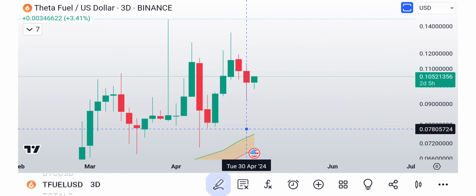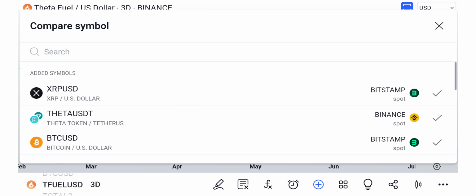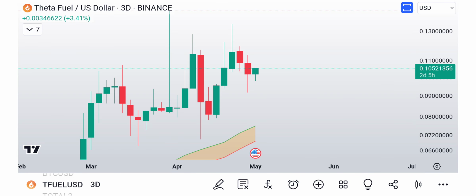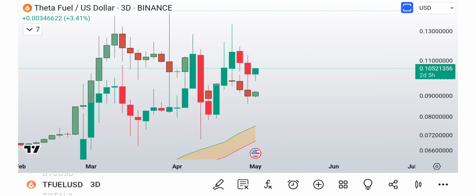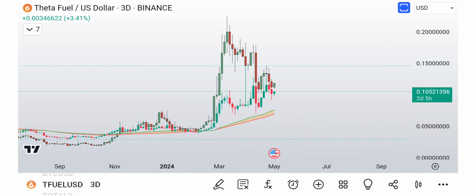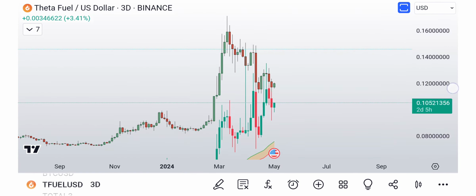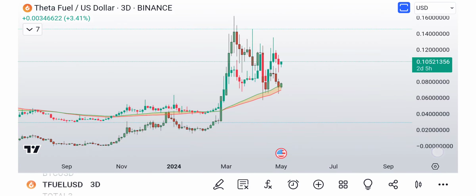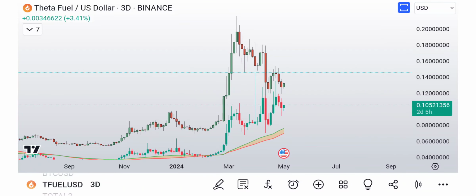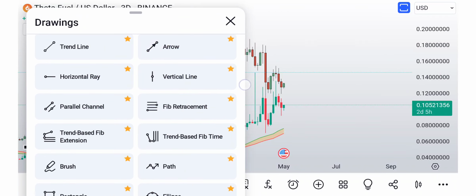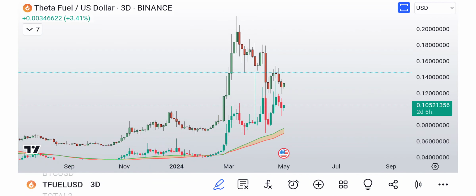So let me just, for example, put Theta here on the screen. Now, if I match them up a little bit, you can play around, but for the purpose of this, I'm just going to have Theta Fuel below, just to show us the differences of what most of the market did.